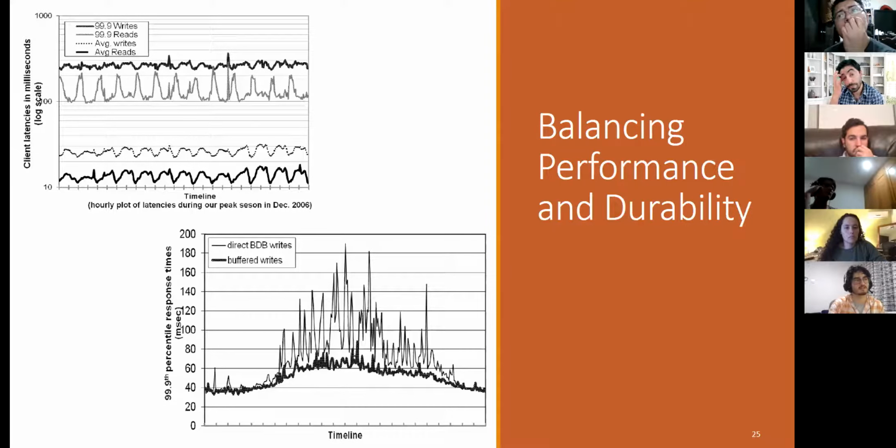Yeah, as you remember, Dynamo is eventually consistent. In the end, the system is configured so that we have at least one replica in order to perform this write. We can say that the scheme used by Dynamo trades durability for performance. Let's say a server crash can result in missing writes that were queued in this buffer.